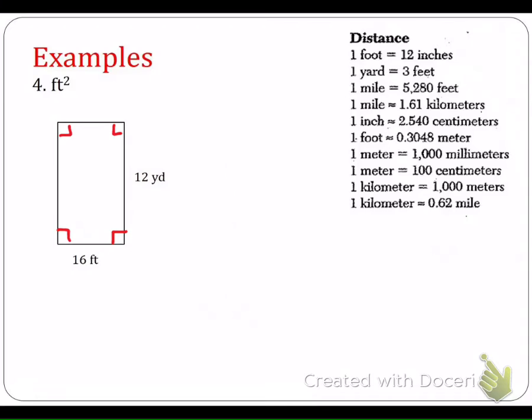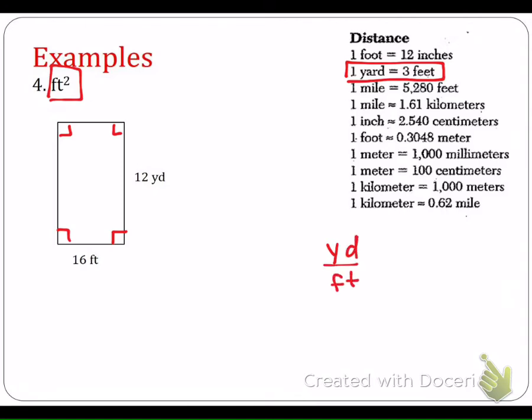All right, so this next one we want our answer in terms of square feet. So the 16 is good. What about the 12? That's in yards. So yards and feet is right here. So we can do yards over feet.